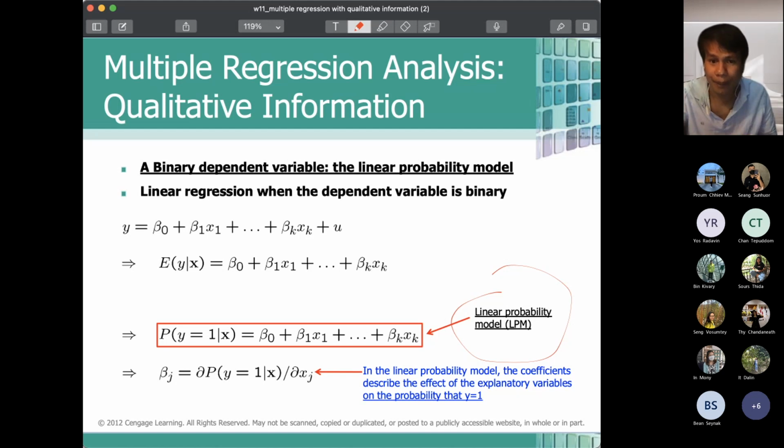So in the linear probability model, the coefficient describes the effect of the explanatory variable on the probability that Y gets closer to 1. Right?